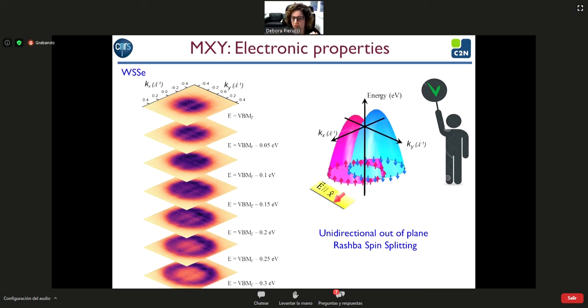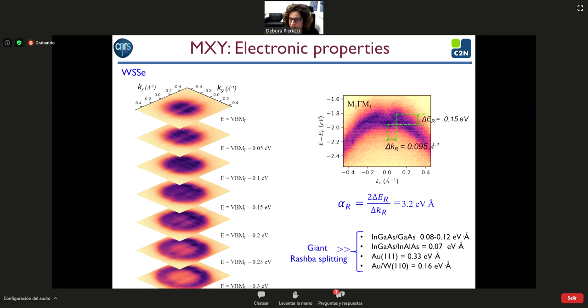Because in this particular splitting, the bands are polarized out of plane, like at the K point of the Brillouin zone. So there was really an open question, and this is still an open question. Now we have all the hypotheses that we have to verify, because we don't know why this particular material possesses this peculiar in-plane electric field.